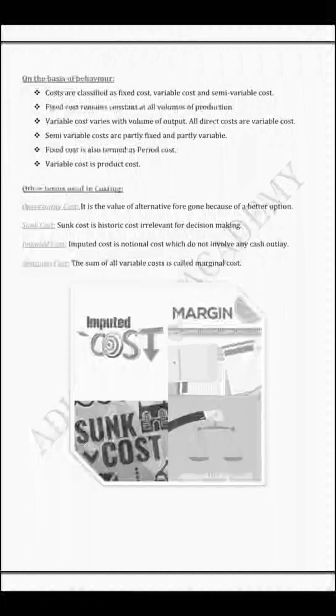Depreciation is only an amount of the asset which is written off over the period due to wear and tear or loss of time or obsolescence or whatever reason it might be. So this depreciation does not have any outflow, but still you are booking it as an expenditure year after year, be it in financial accounts or in cost accounts. So this cost is known as imputed cost, for which you do not have any cash outflow.